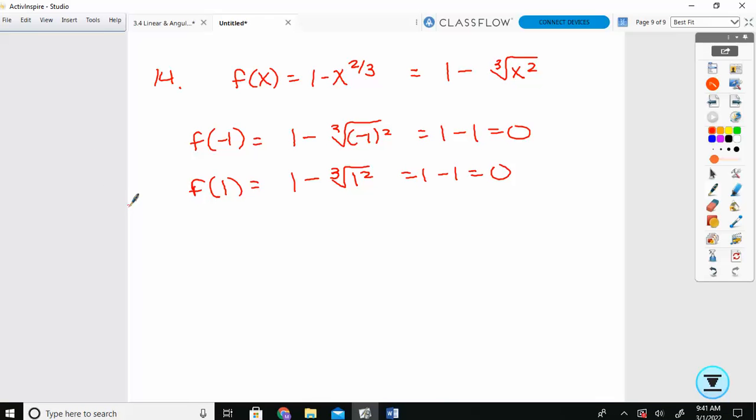But I'm telling you, Rolle's theorem doesn't work here. Remember the first two conditions. Condition 1 is it has to be continuous. Is this thing ever undefined? No, so it's continuous. We're good there. Condition 2 is that the derivative has to be defined. If we do the derivative, we get -2/3 x to the -1/3.